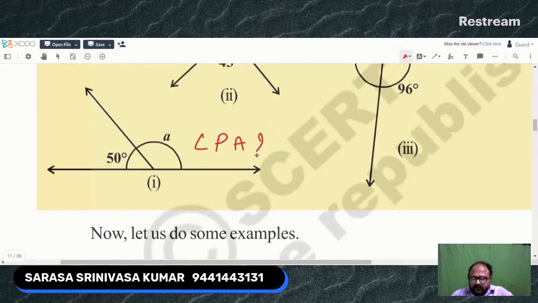Because the first one, 50 degrees and A, are adjacent angles.